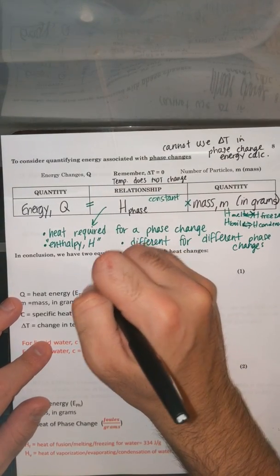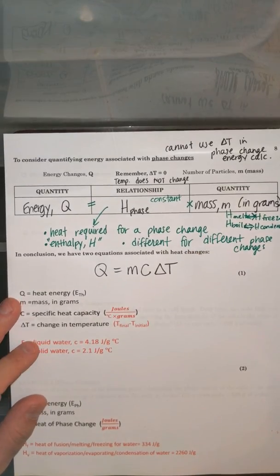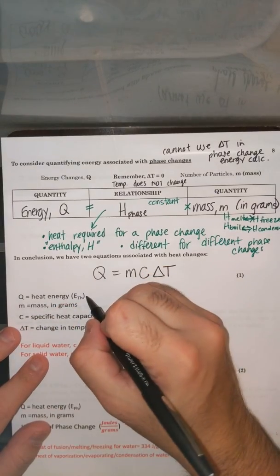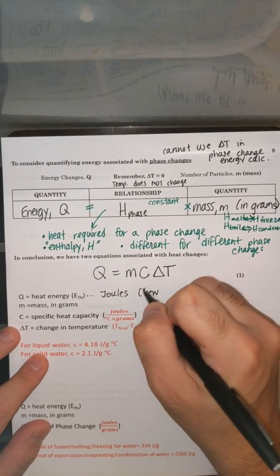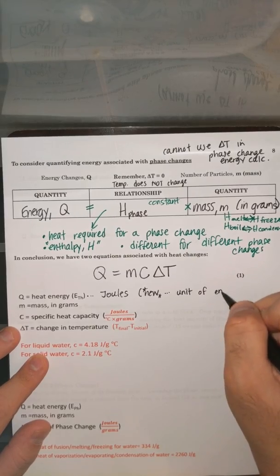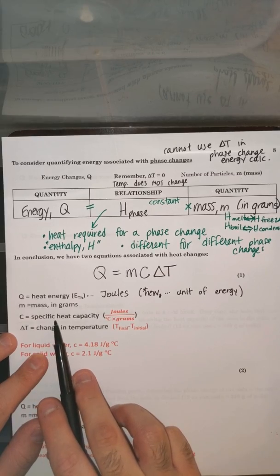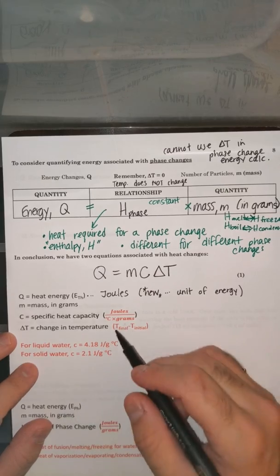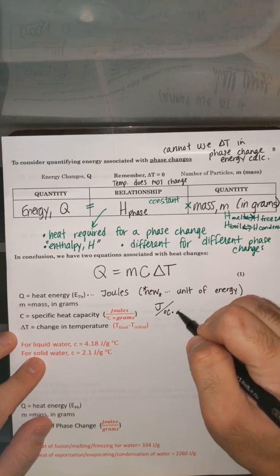I like to put it as Q is equal to MC delta T, where Q is the heat energy, and that is in units of joules. This is new to us. It is a unit of energy. M is the mass in grams. The specific heat capacity, C, and we're going to use it for water, is in joules per degree Celsius times gram.